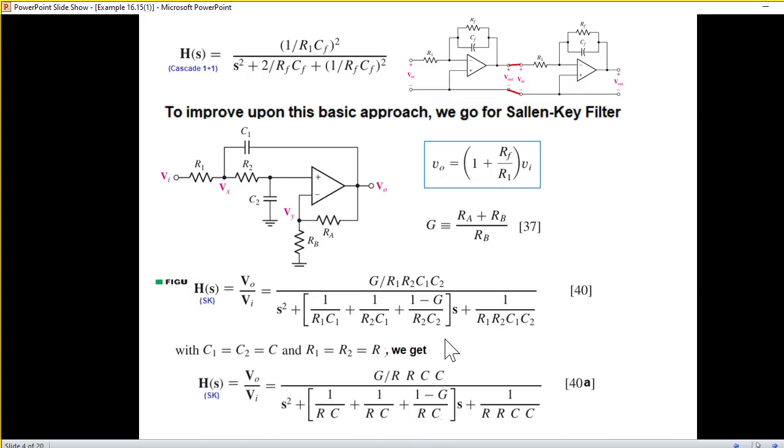And now for simplification, what we are going to do is remove R1, C1, R2, C2 and just make them R. So R1, R2 will be called R, C1, C2 will be called C. And so this will further simplify 1 over RC. This will also be 1 over RC and like this.